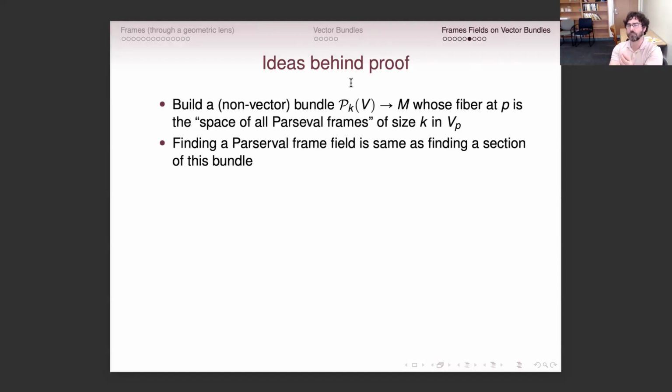It means you have to continuously make a choice of point in each of the fibers, which tells you what the parsable frame at each point is.